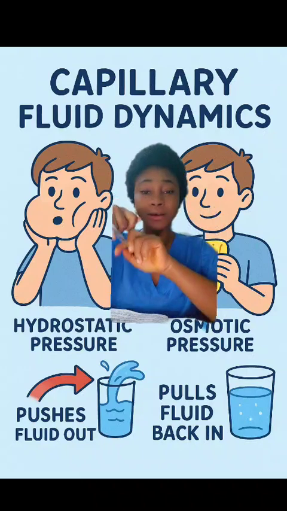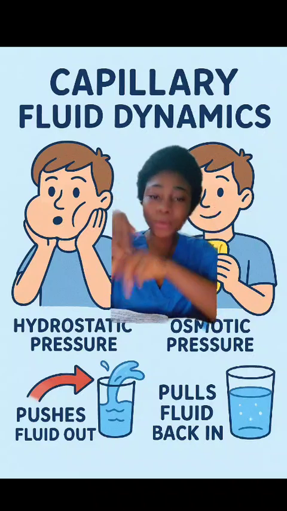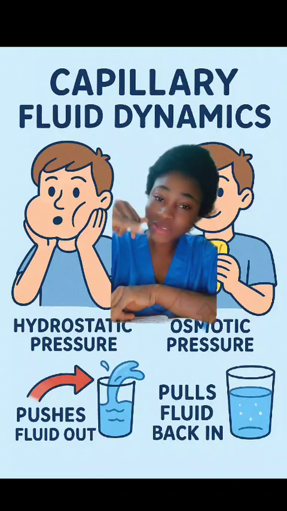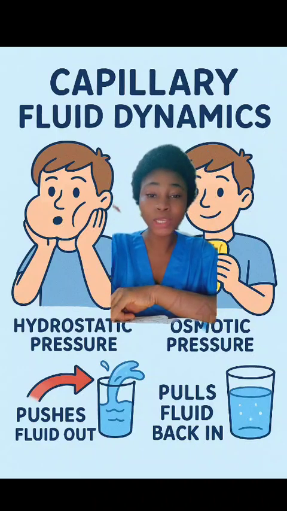They are the outer, the middle, and the innermost layer. The outer is the tunica adventitia, also known as the tunica externa. The middle is called the tunica media, and the innermost is called the tunica intima.